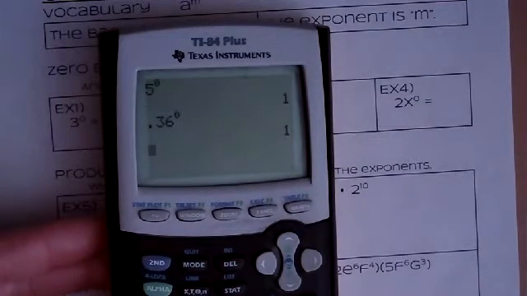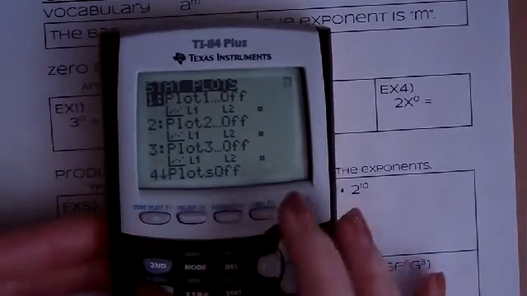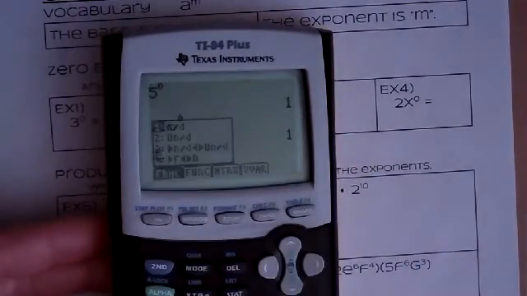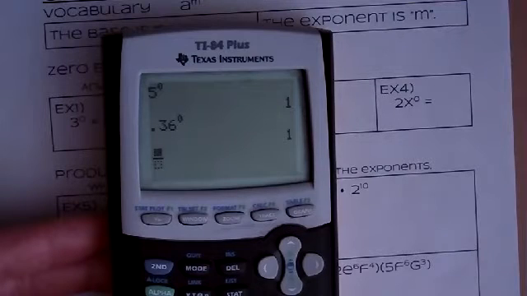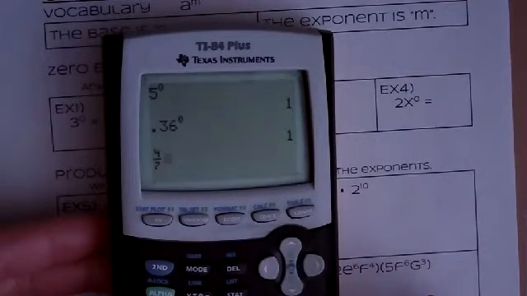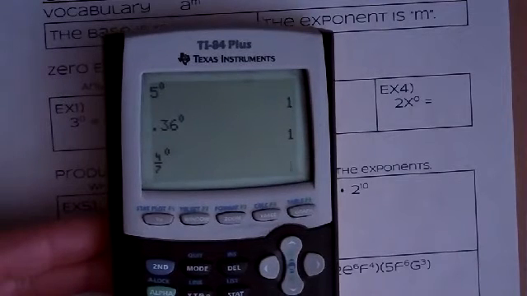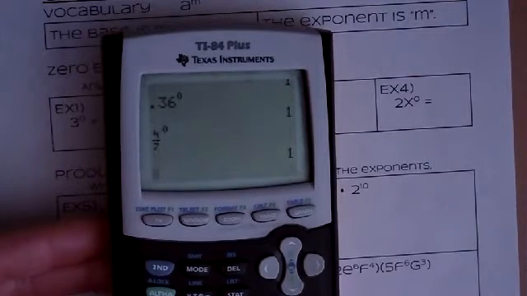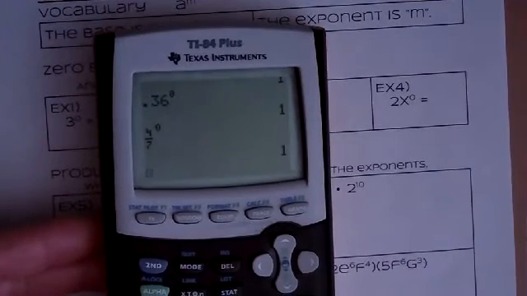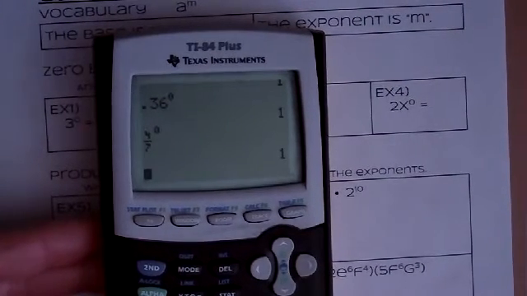I get 1. What if I put in a fraction? How about, I don't know, 4/7? Okay. And let's raise that fraction to the 0 power. I get 1. It doesn't matter what it is. If it's to the 0 power, it is 1.